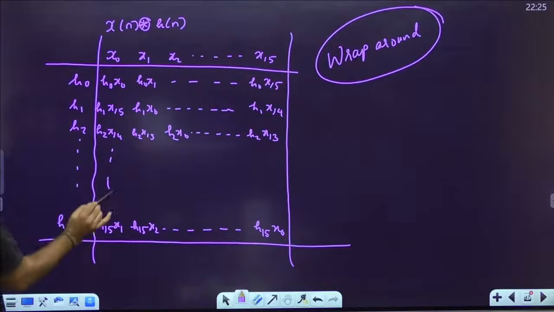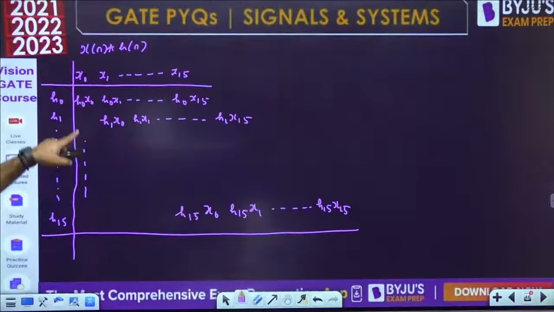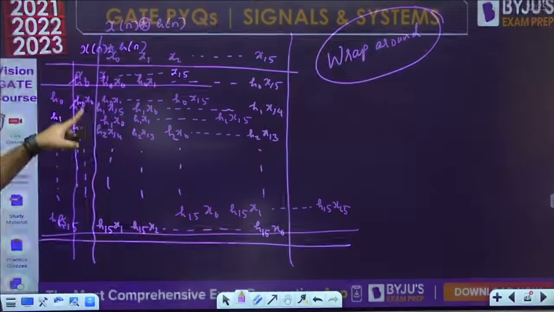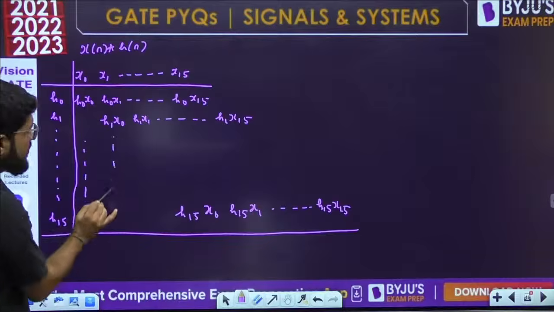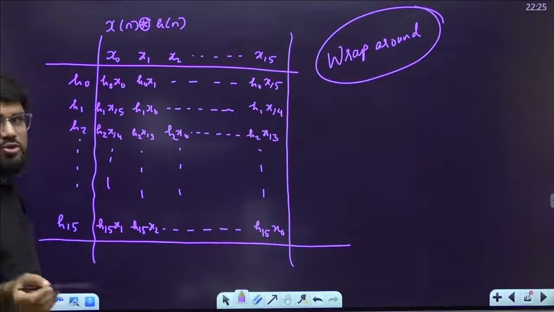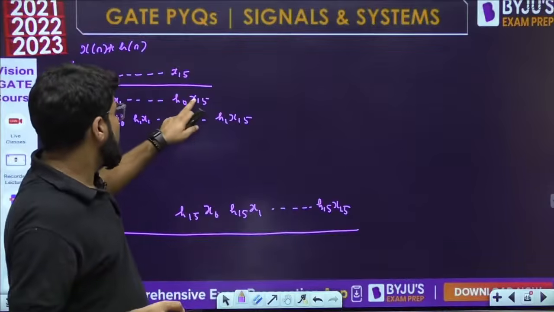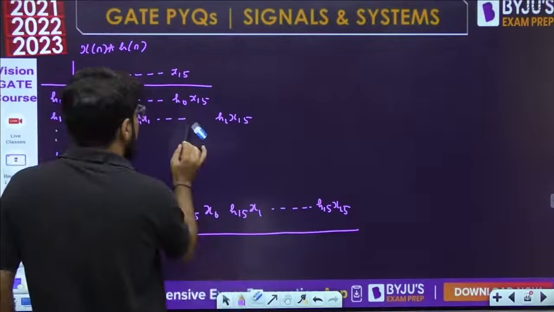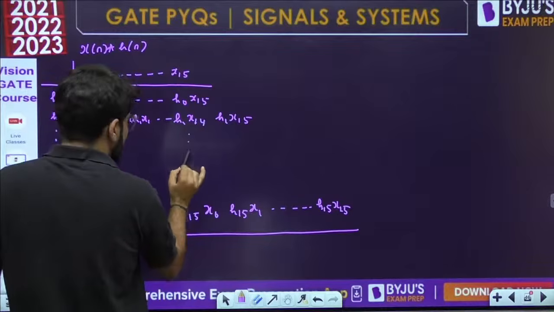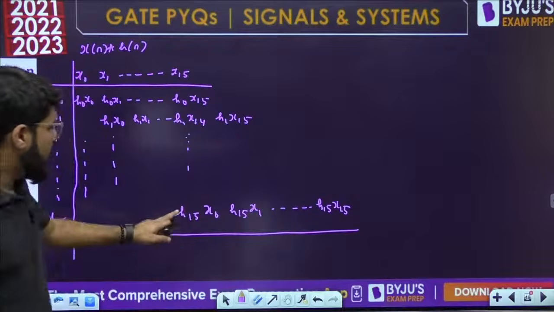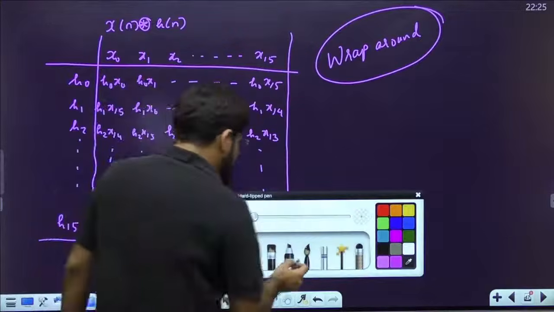Now, when you sum by column, see, the first column is totally different: only one element here, multiple elements there. The second column has two elements here, but all elements are there. So only which column can match? See, h0x15, what will come here? h1x14, and all these terms are the same up to h15x0.